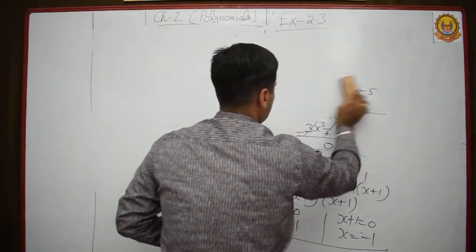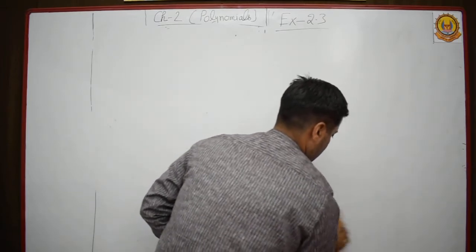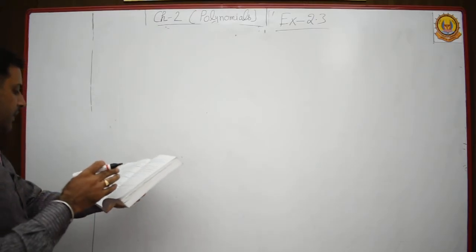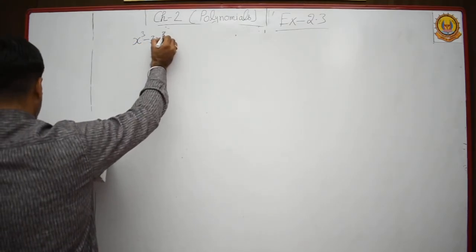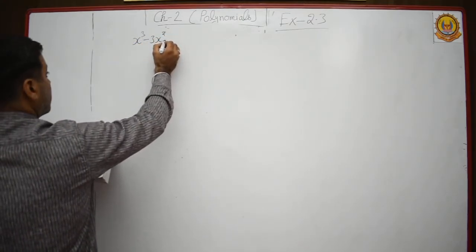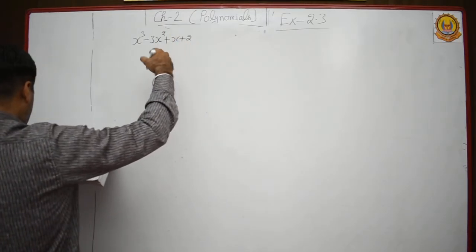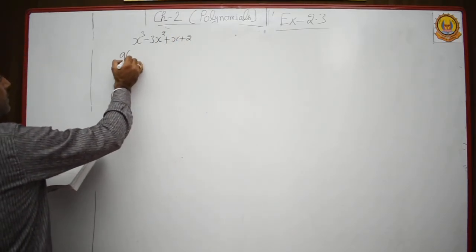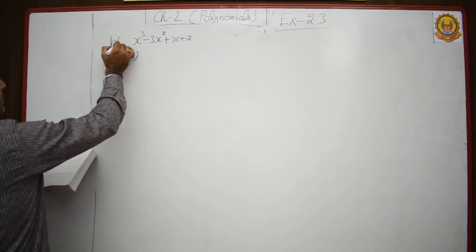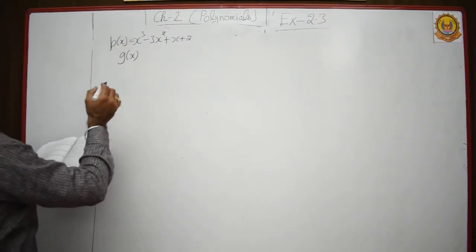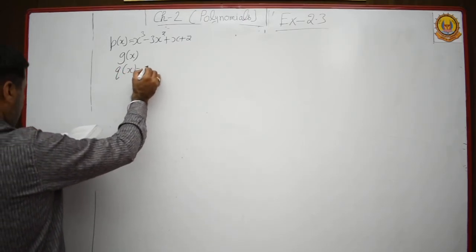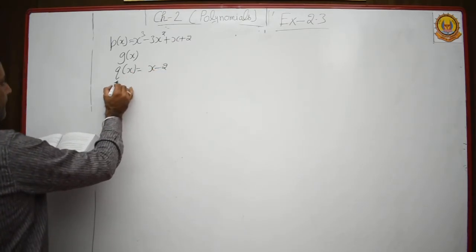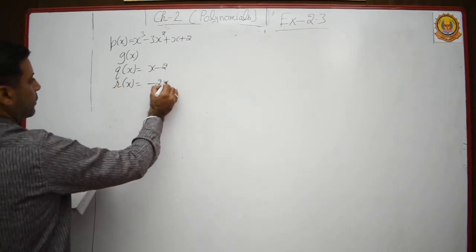Now next question is question number 4. In question number 4, what is given is that on dividing x cube minus 3x square plus x plus 2, here I am taking it as p of x, by a polynomial g of x, you will get quotient x minus 2 and remainder minus 2x plus 4.